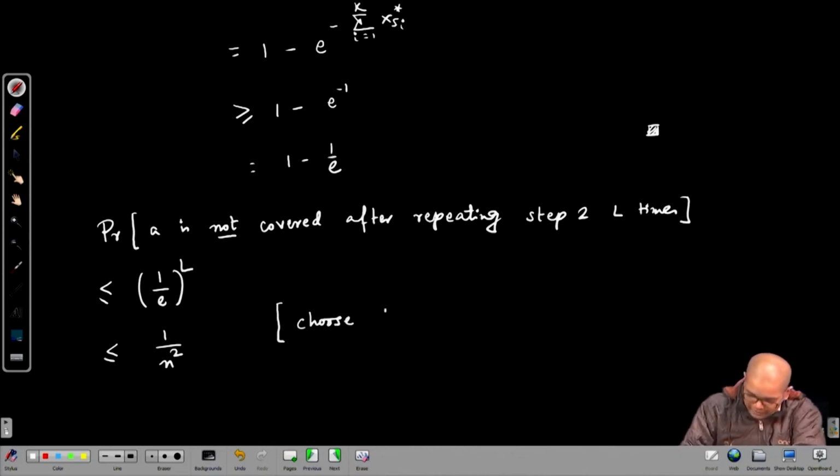Choose L equal to twice ln n. Okay. So for L equal to twice ln n, this is 1 by n square.